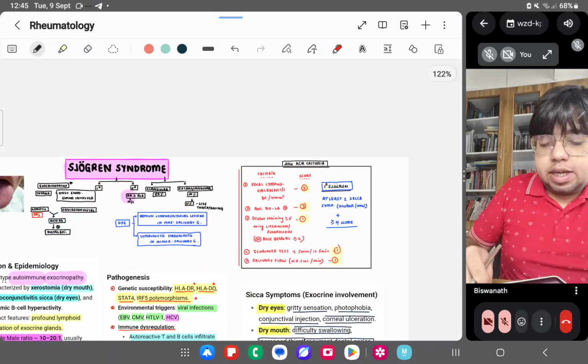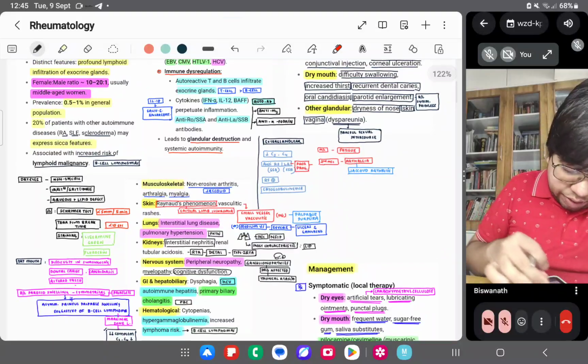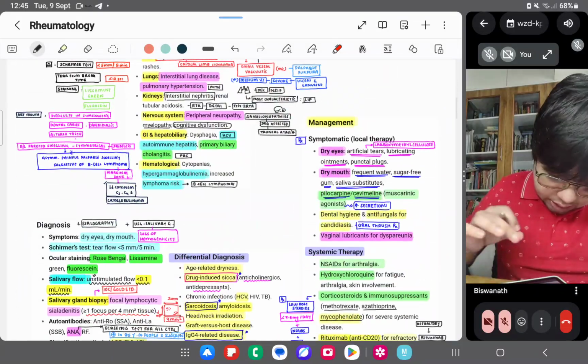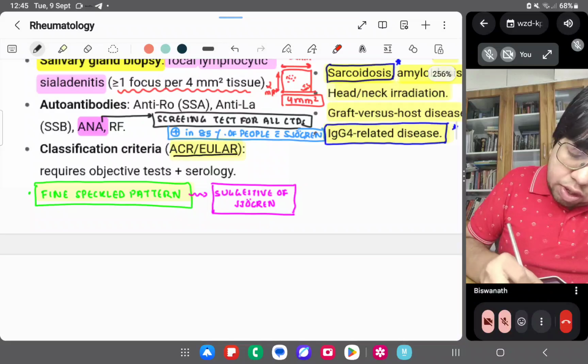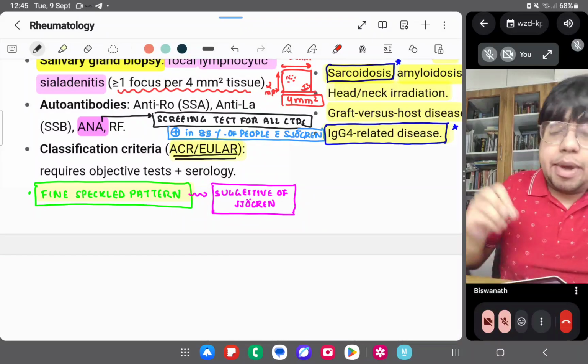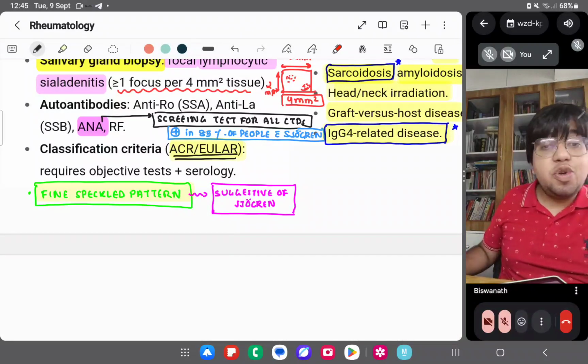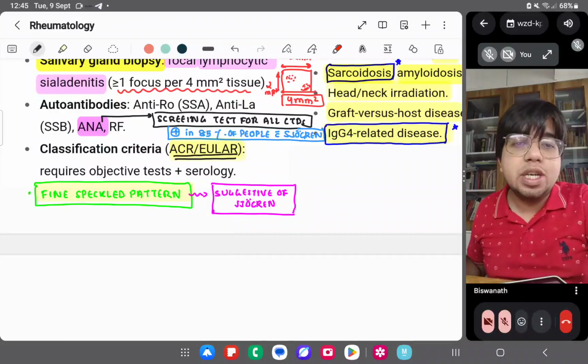I told you, right? ACR score or EULAR score. So this is the American College of Rheumatology and the European League Against Rheumatism.